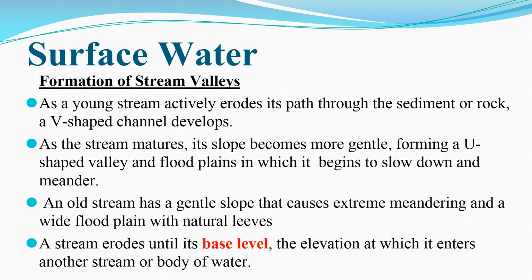So an old stream has a gentle slope causing meandering and wide flood plain with natural levees. So a stream erodes until its base level, which is the elevation at which it enters another stream or body of water. So until it hits the elevation and the base level, it'll keep on going.